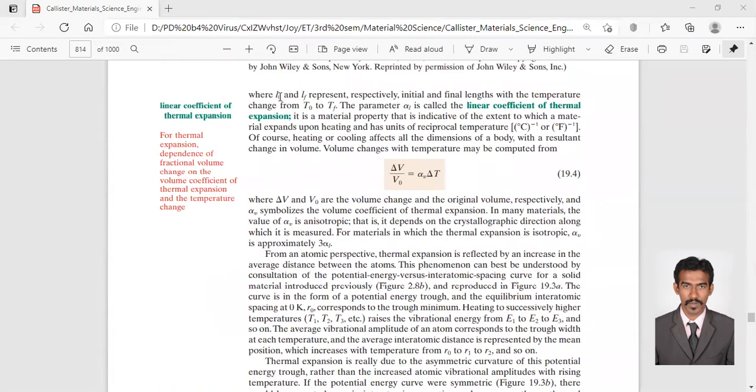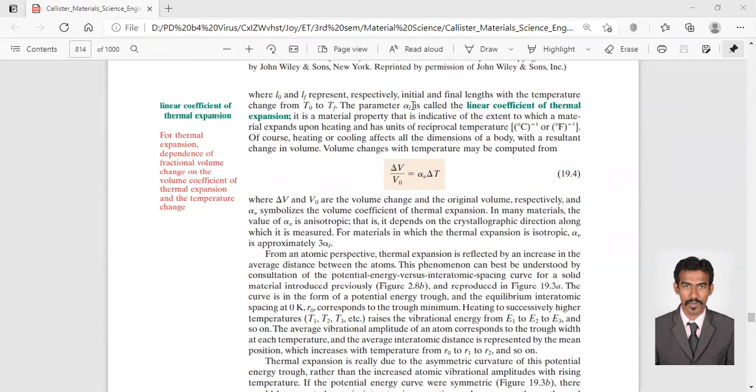L0, I told you, is the initial length and LF is the final length with the temperature change from T0 to TF. Again, T0 is initial temperature and TF is final temperature. The parameter alpha L is called the linear coefficient of thermal expansion. So there's an L there, and this L is for linear coefficient.